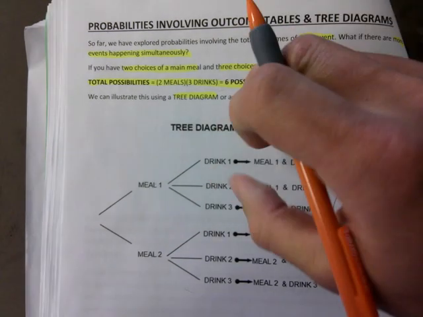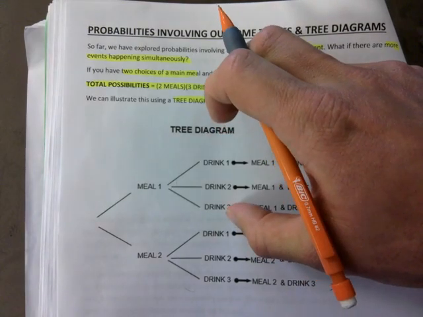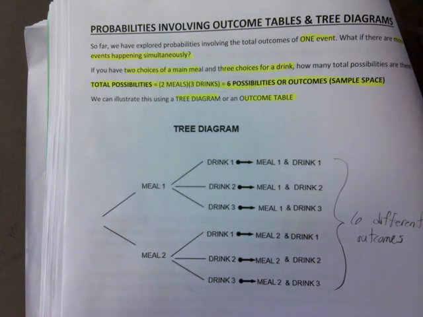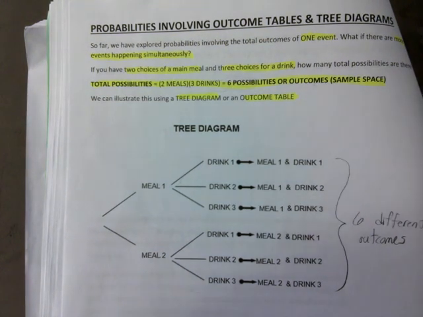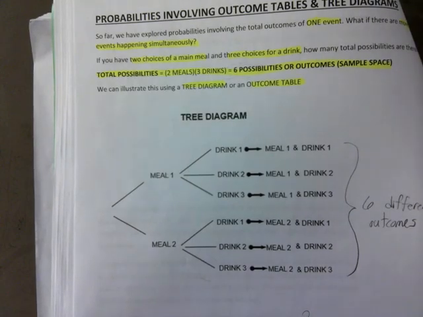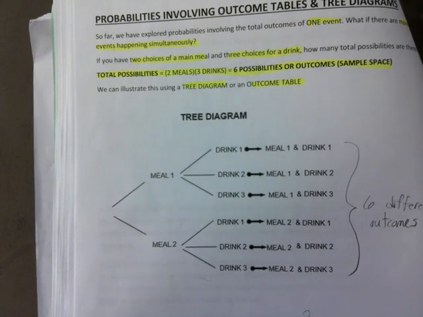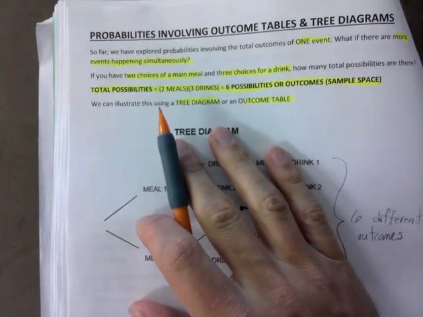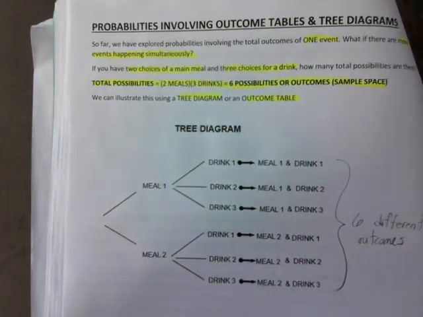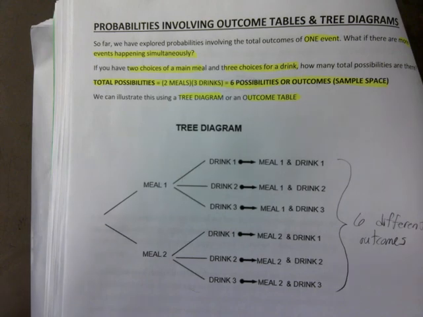Up to this point in the book, we were dealing with scenarios where we were only looking at one event. What's the probability when we're drawing decks of cards? What's the probability when we're rolling a die? But now we can look at the possibility when two separate events are happening.